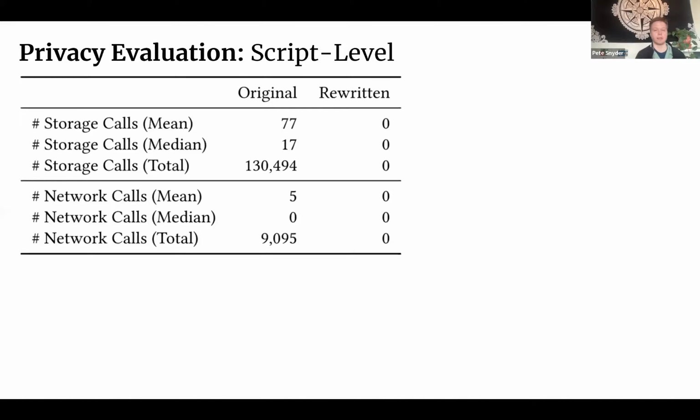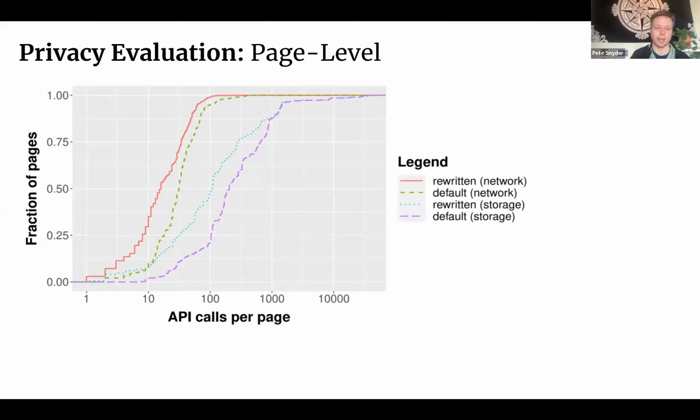But then we want to zoom out a little bit. That tells us something about the script, but maybe things are breaking, maybe we're not replacing scripts correctly. Are we actually effectively reducing the number of calls to network or storage that happen during the execution of a page or an application?